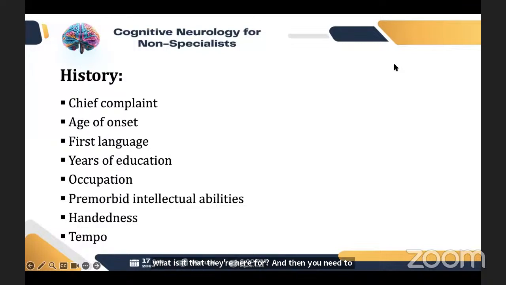You need to ask about the age of onset because, as we said, for every age group, there are some common dementias that come with. What's their first language? Because it makes a lot of difference in the cognitive assessment tools that you're going to use. Most of our patients, their first language is Arabic. By the way, just because your patient speaks English does not mean that you can use the English form.